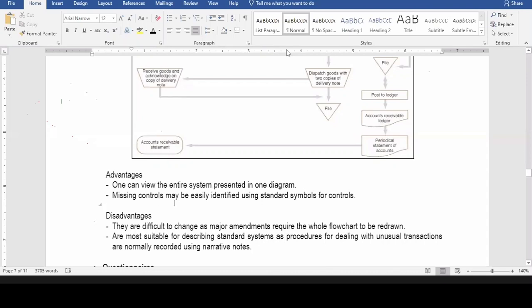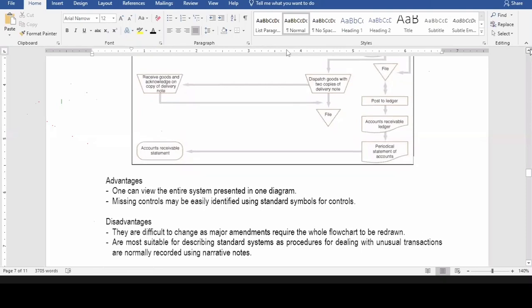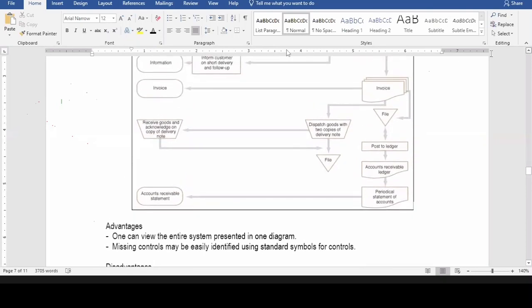Missing control may be easily identified using the standard symbol. Now you can see here, there is invoicing before dispatch. There is a problem that goods can be invoiced when they are not delivered.